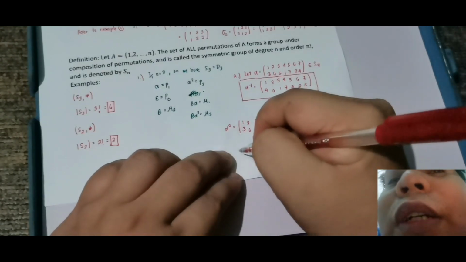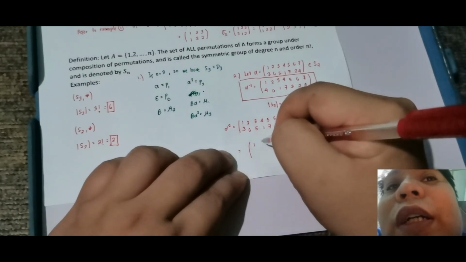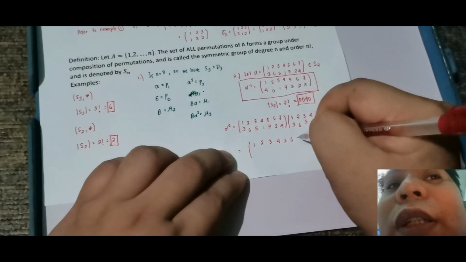Okay, so magkagawin natin yan. So start tayo. 1 goes to 3. So 1, 2, 3, 4, 5, 6, 7.